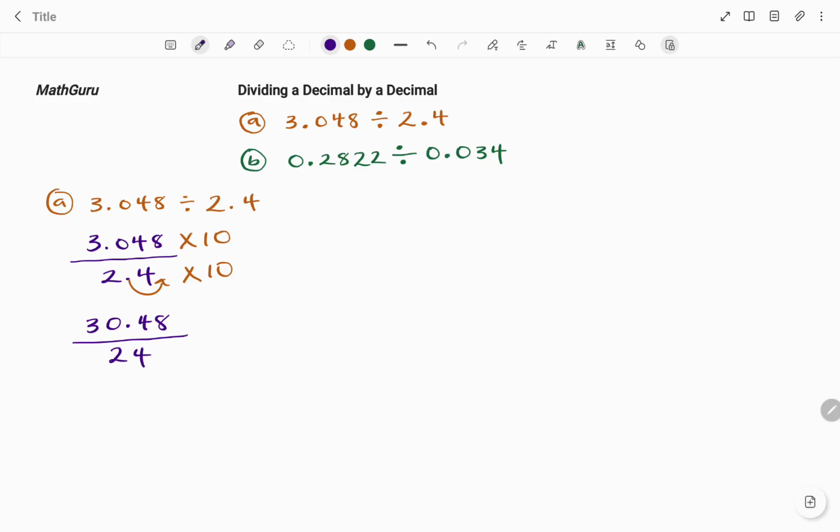Now that we have that, it can be managed. I'm going to put it under the root sign because I'm going to use long division. So I have 24 outside the root sign, and under the root I have 30.48.